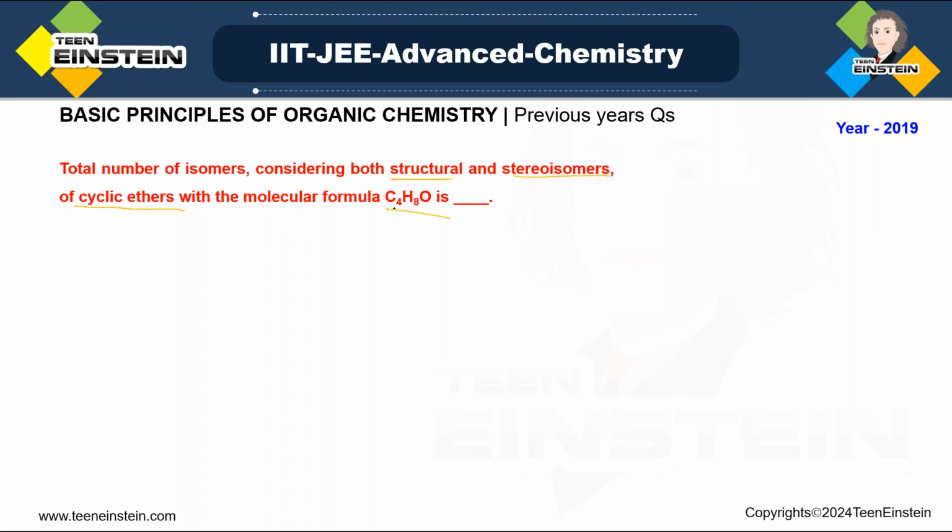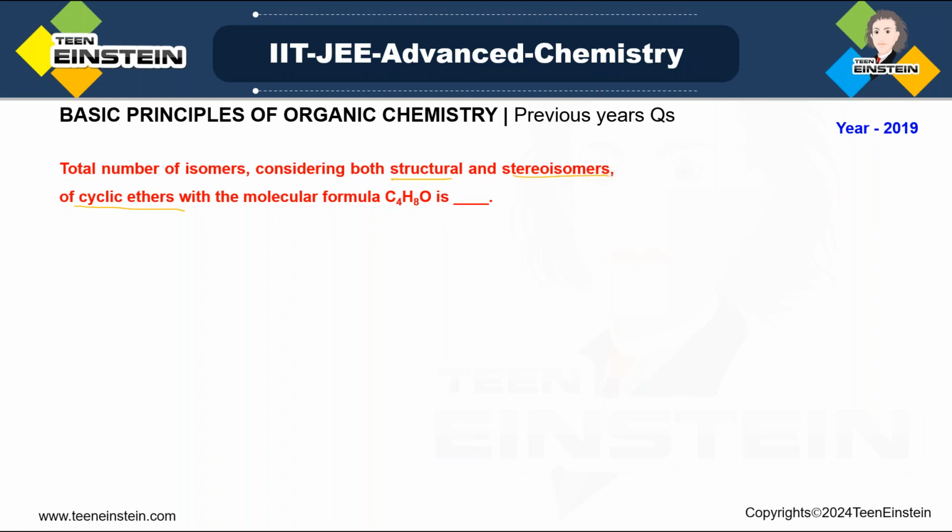Sorry, it is not C4, it will be C5. Sorry, there is a mistake. Okay. So maximum number of, sorry, it is fine. Actually, it is C4.